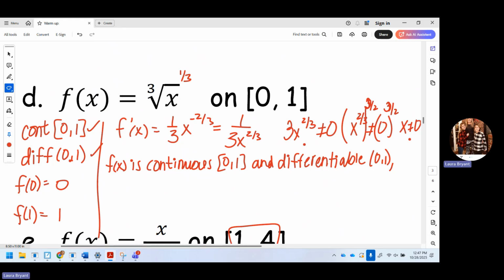And the two y values are not the same. So then I just go ahead and say the derivative will equal the slope. So I do f of b minus f of a over b minus a, which works out to be 1, where c is between 0 and 1.